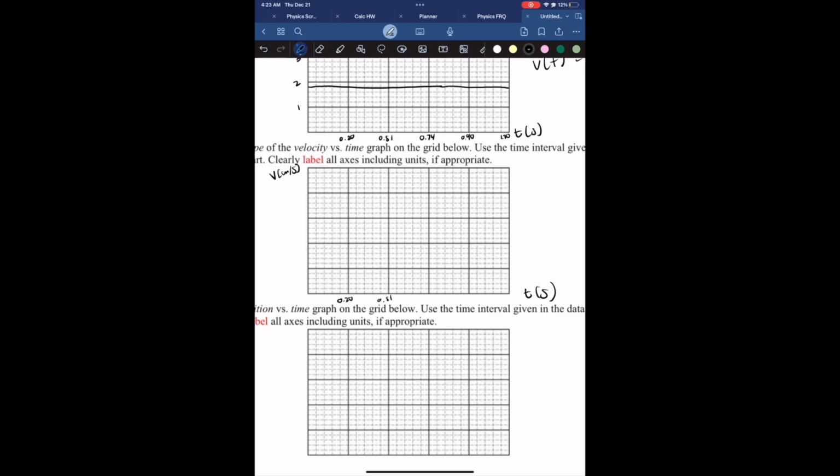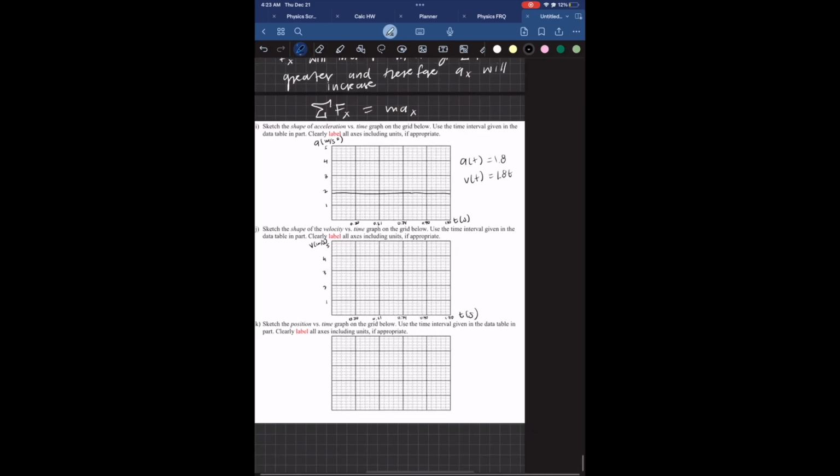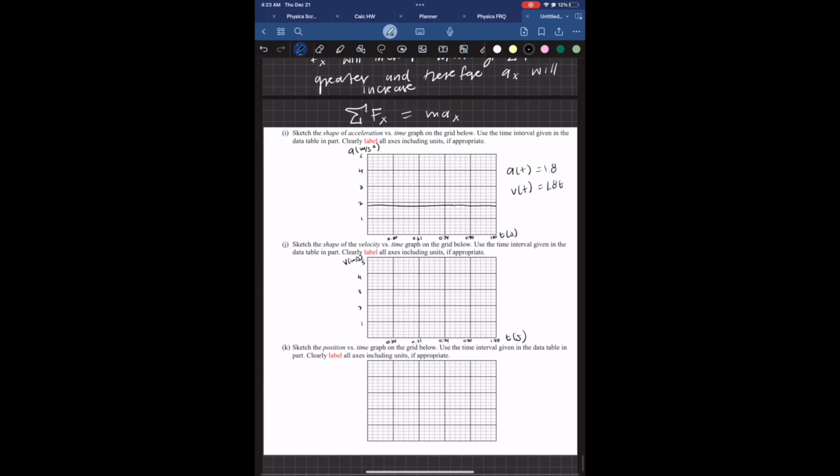I did my scaling for the x-axis based off of the table that was given to us. Then I plugged those times into the v(t) function that I found earlier, and plotted those points, and that should be a linear graph with a slope.